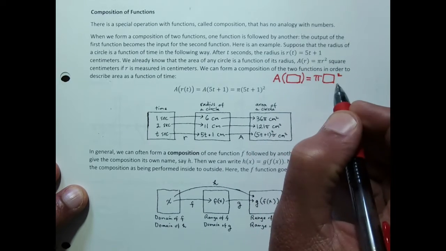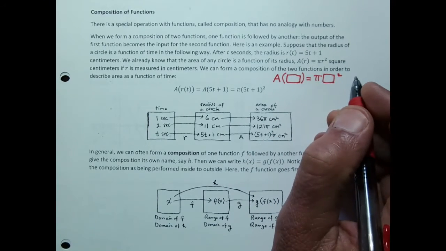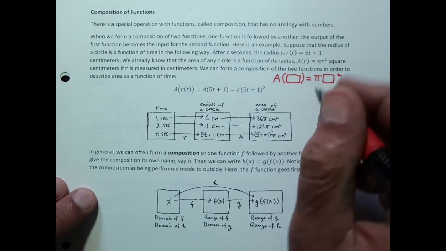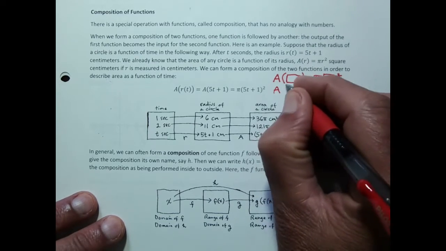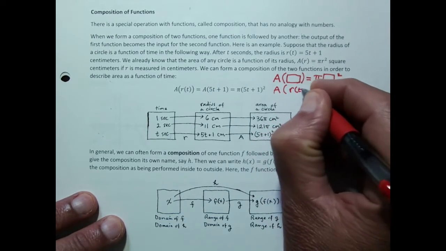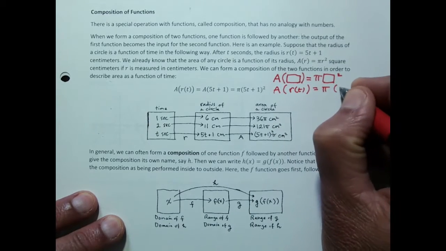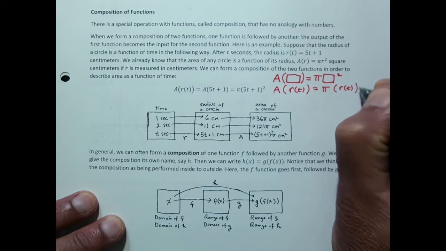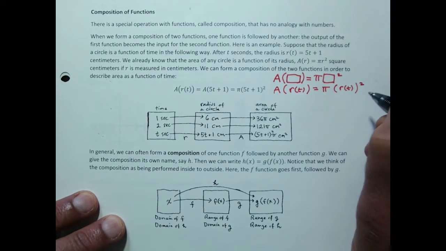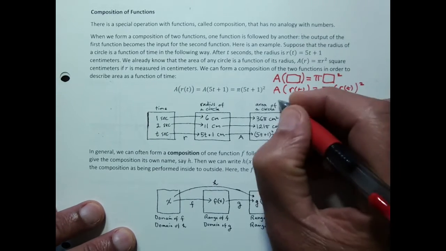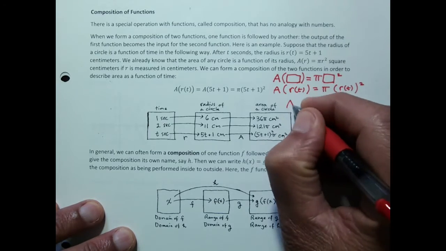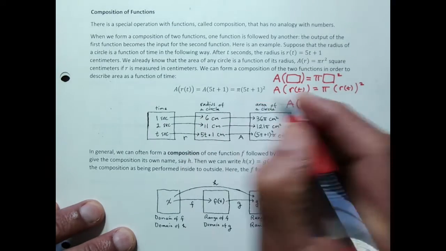Normally we're putting the radius in here, but what we're going to put in is actually a function, r of t. A of r of t is pi times r of t squared. And so that r of t, in this example, is 5t plus 1.